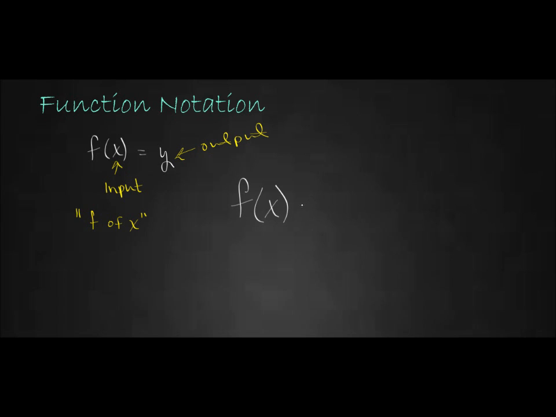So an example of a function would be f of x equals 5x plus 3. Very simple function. If I pick something for x, I'll get one answer for y. And I can pick any number that I want to for x, but it's only going to have one answer for y, which makes this a function. I find this helps me out if I just think of this as a fancy way to write y.